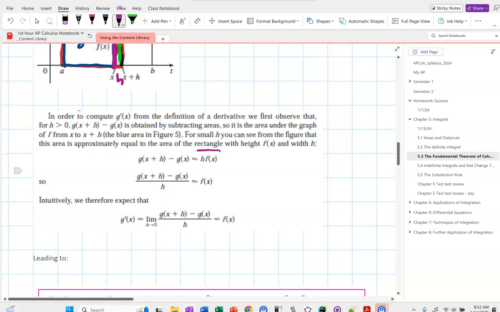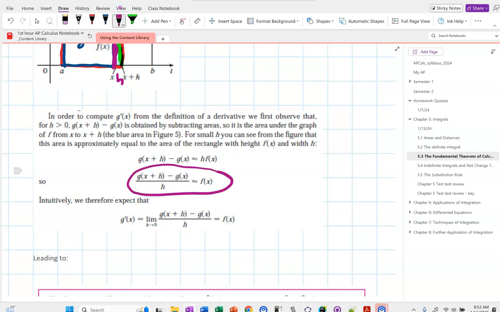So that's how we land here, that g of x plus h minus g of x is approximately h times f of x. If I divide both sides by h, I get this.